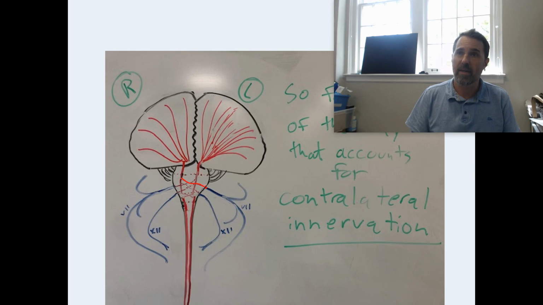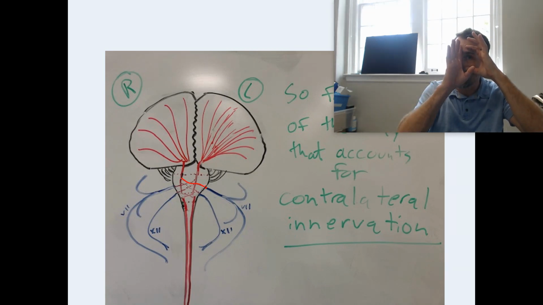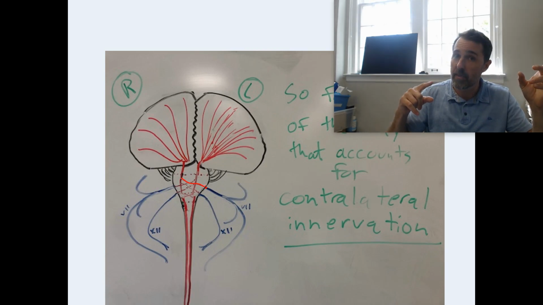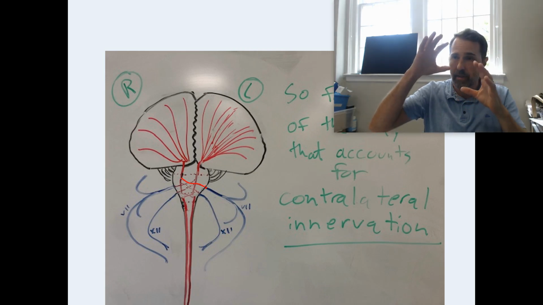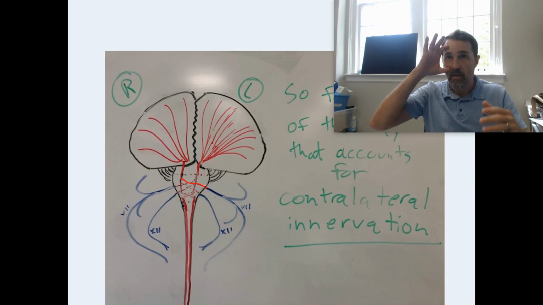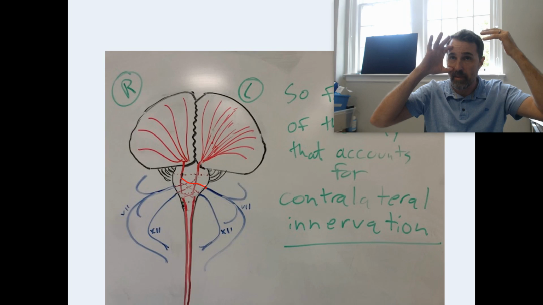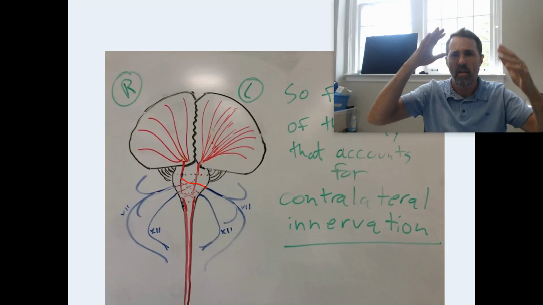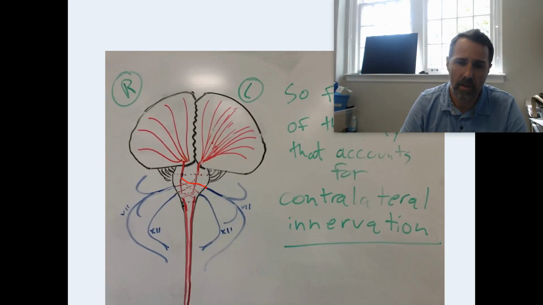The only time that's not the case is the upper right and left quadrants of the face, which you may remember from motor speech, are bilaterally innervated, meaning these nerves receive upper motor neuron input from the contralateral upper motor neuron, but also the ipsilateral upper motor neuron.